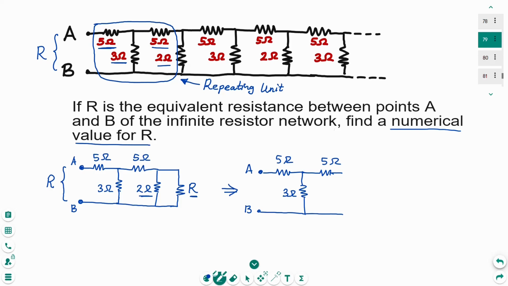And then what I'm going to do here is I'm going to have an equivalent resistor, and I'm going to name that R prime. Now R prime is the result of the 2 ohm resistor and the R resistor being parallel to one another.